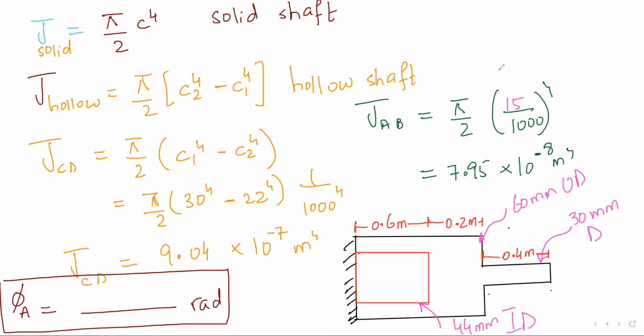So you convert, multiply with 180 by pi, you will get in degrees. So multiply this. So seems reasonable, yeah. But again, I don't have the answer. Okay.